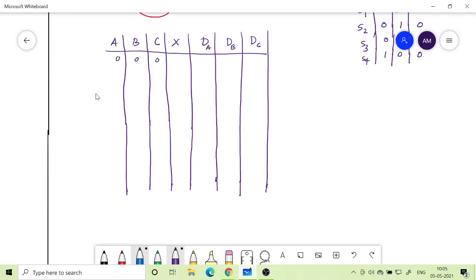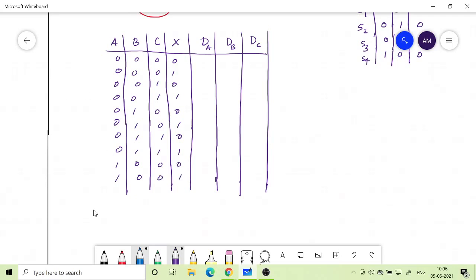So 0 0 0 0, 0 0 0 1, 0 0 1 0, 0 0 1 1, 0 1 0 0, 0 1 0 1, 0 1 1 0, 0 1 1 1, and then 1 0 0 0, 1 0 0 1.